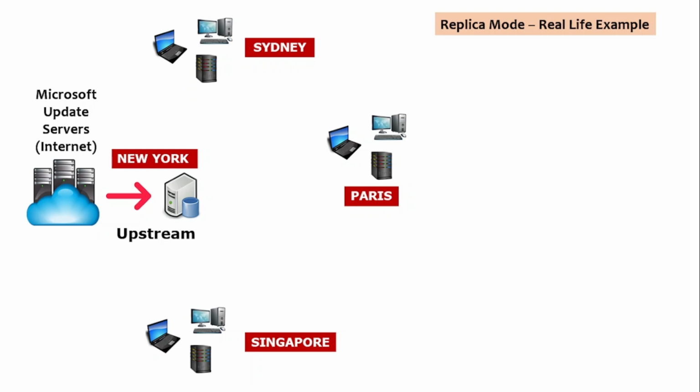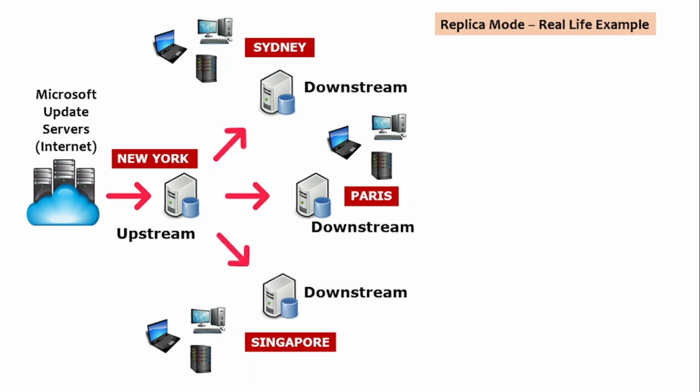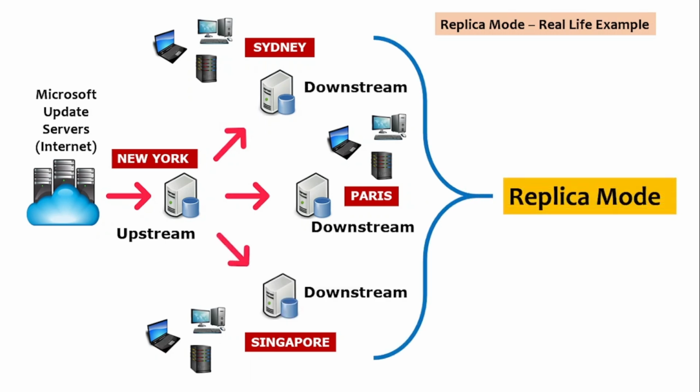And we have all the systems, computers, say servers, workstations in every location. So in such a scenario, we will put a replica mode WSUS server in every location, and we will configure the groups on our New York server, which will be replicated on Sydney, Paris and Singapore, and then we will approve the updates accordingly.